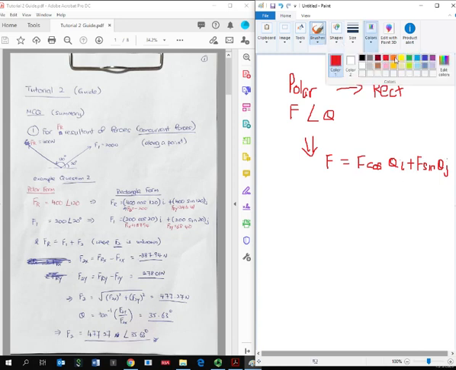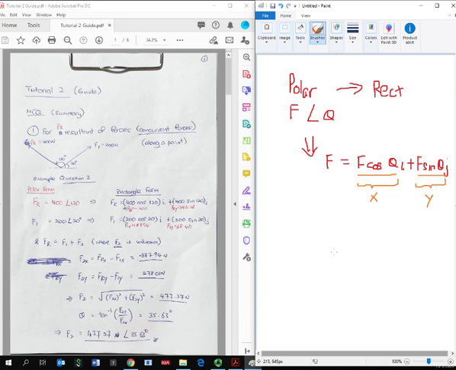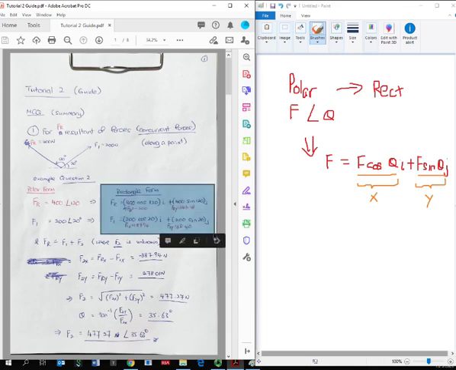What you're interested in is this part and this part. This part is the x component and this part is the y component. What I have done here is convert the resultant force into its respective x and y components.